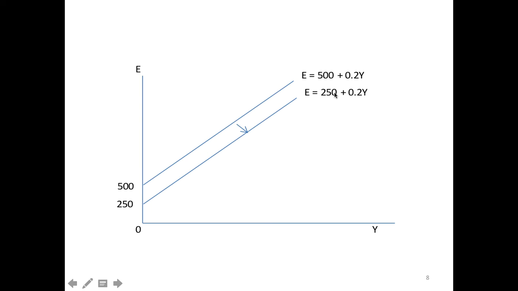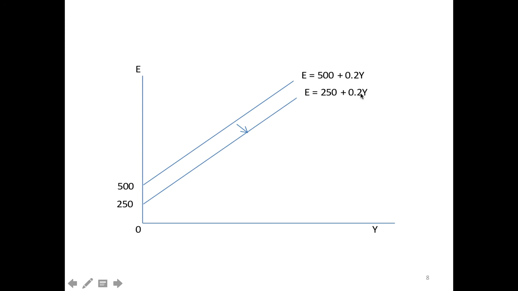What does it mean? It means that maybe because of the Affordable Care Act, the government is helping you with half of this fixed amount. So therefore, you only have to pay $250 annually plus the multiplier.